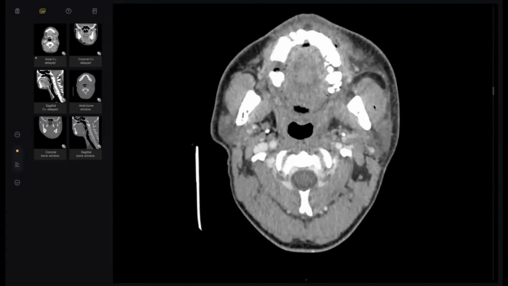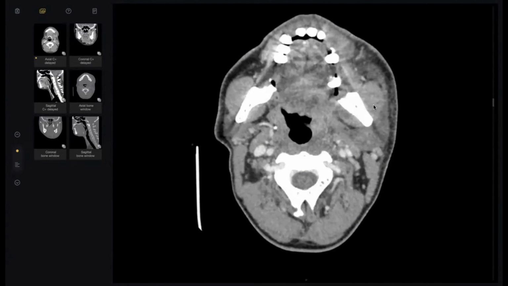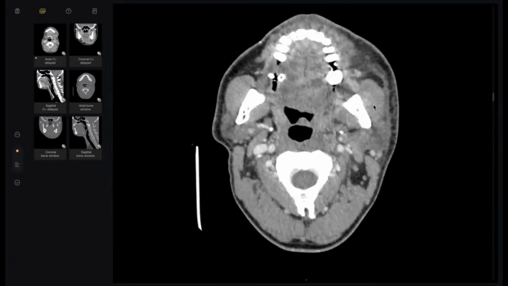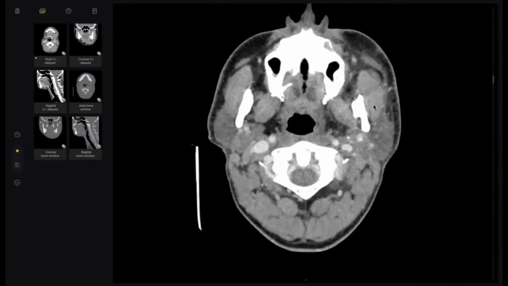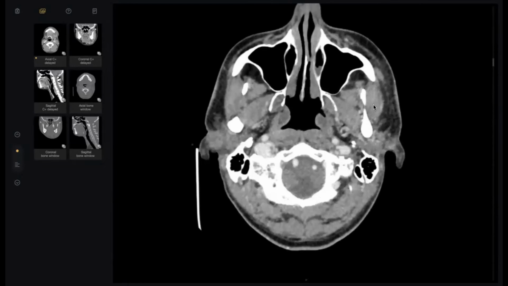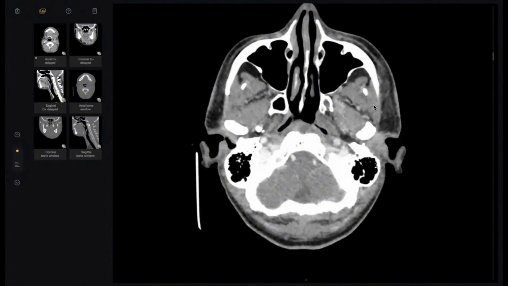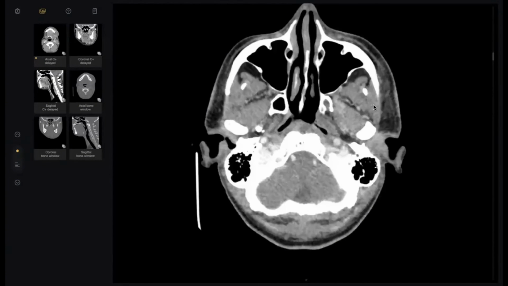I want to look for the veins, the submandibular veins and retromandibular veins, and the internal jugular vein within this region also. The blood vessels appear normal. Also, I want to look at the bone here, just to know if there is any connection with the bone, or if it causes any destruction of the bone.